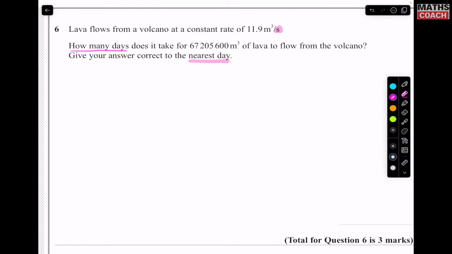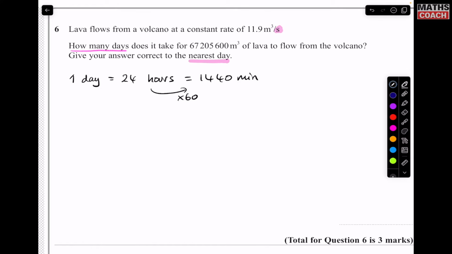Because we were looking at this day and second thing earlier, let's do the conversion. In one day, there are 24 hours. In 24 hours, we multiply by 60 to get it into minutes: 1,440 minutes.